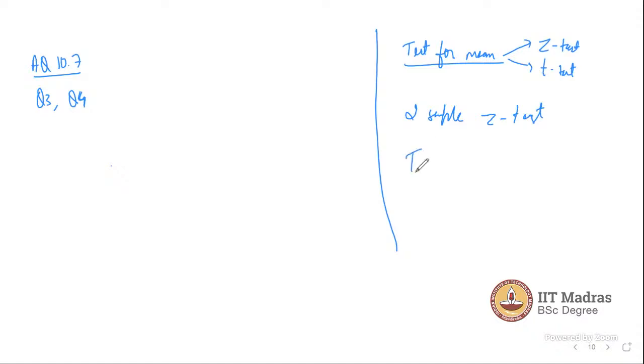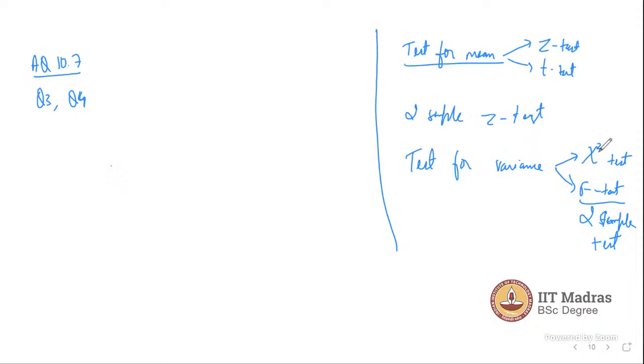Then you have tests for variance, where one is the chi-square test, and the other is the f-test that you use for a two-sample test. Whenever the problem statement says you want to check the variance, then you use chi-square or f-test depending on how many samples you have.